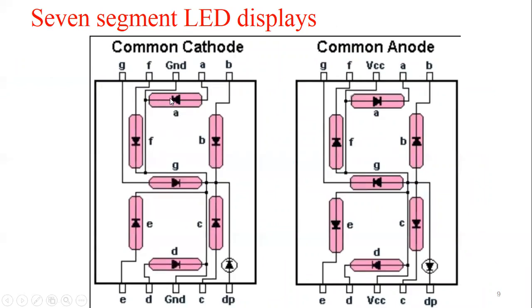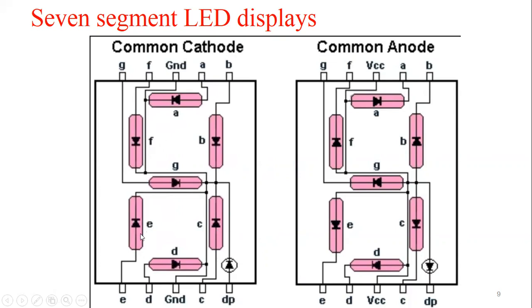What we have done here is that the cathodes of all those LEDs are connected to each other and connected to ground. To turn on those LEDs, we have to provide a power supply to the anode of the particular LED, so that the respective LED turns on and we get that alphanumeric character display.